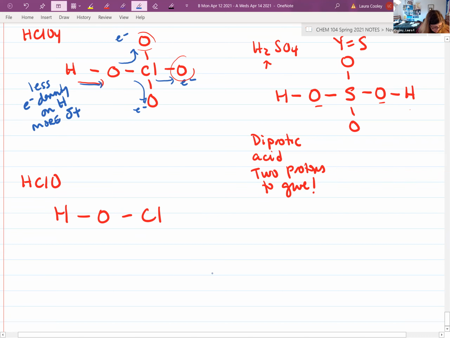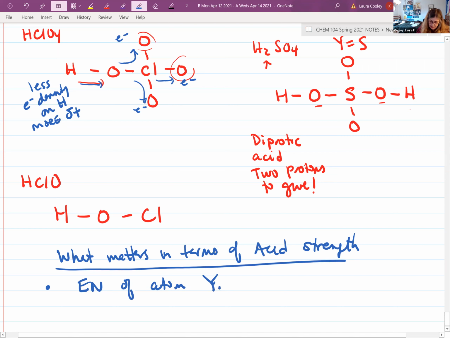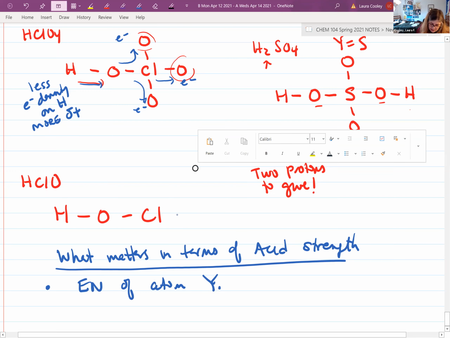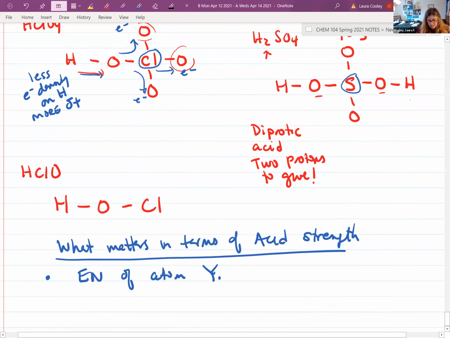So there are a few things that matter here. So what matters in terms of strength? Is the electronegativity of the atom Y. Okay, so one thing that matters is the electronegativity of the atom in the middle, this one here.